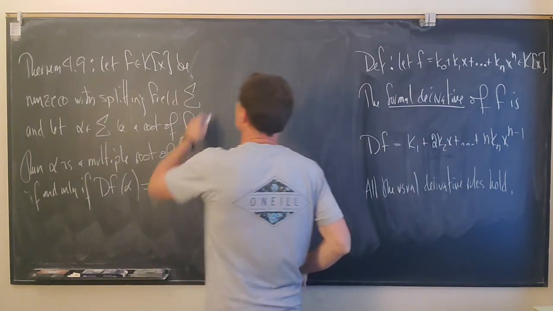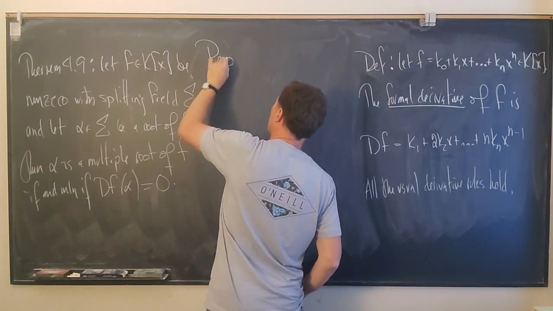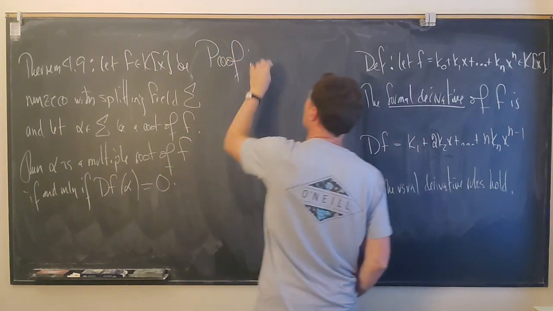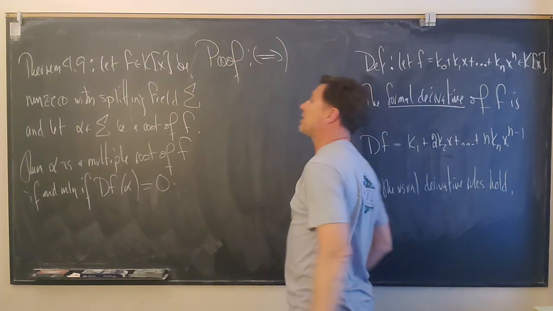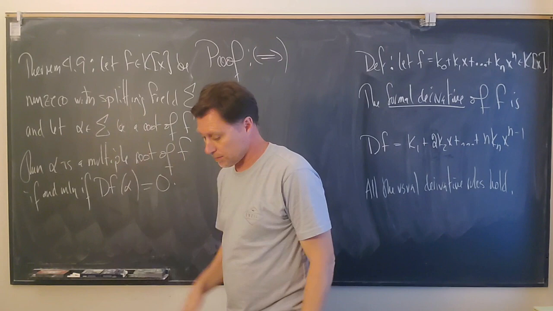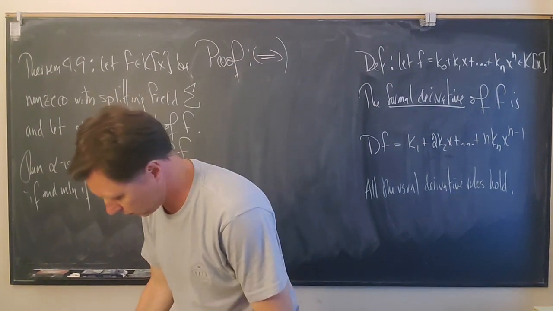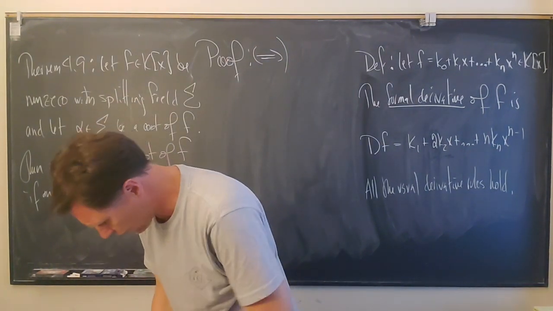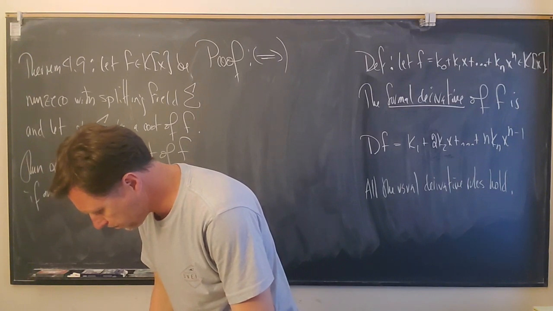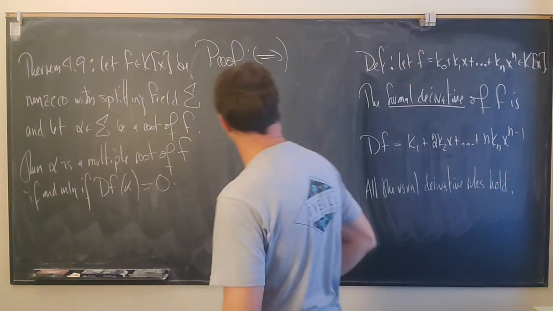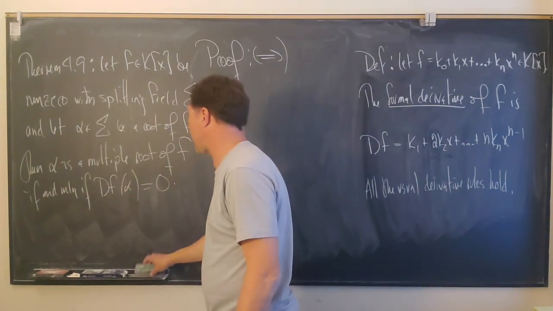This is not too hard to prove, but it is going to allow us to detect separable polynomials, or really inseparable polynomials, I guess, but actually both. In the forward direction, we assume that we've got a multiple root.